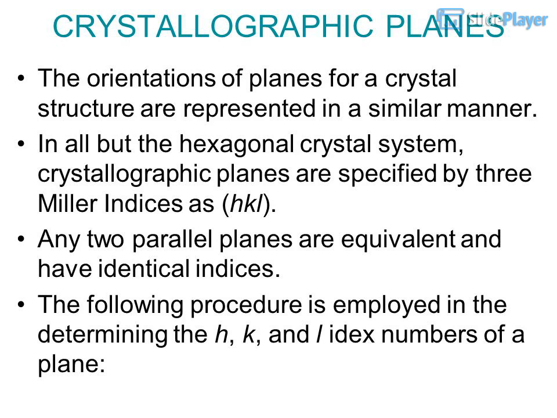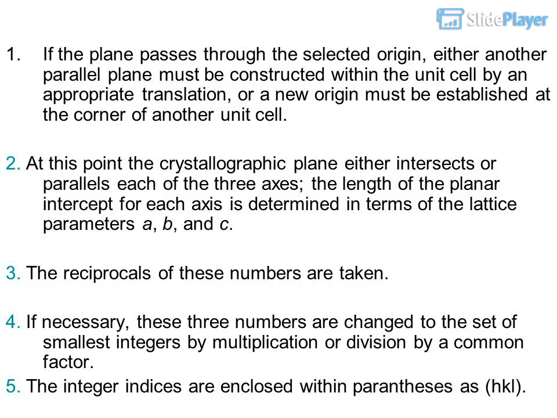The following procedure is employed in determining the h, k, and l index numbers of a plane. 1. If the plane passes through the selected origin, either another parallel plane must be constructed within the unit cell by an appropriate translation, or a new origin must be established at the corner of another unit cell. 2. At this point the crystallographic plane either intersects or parallels each of the 3 axes.